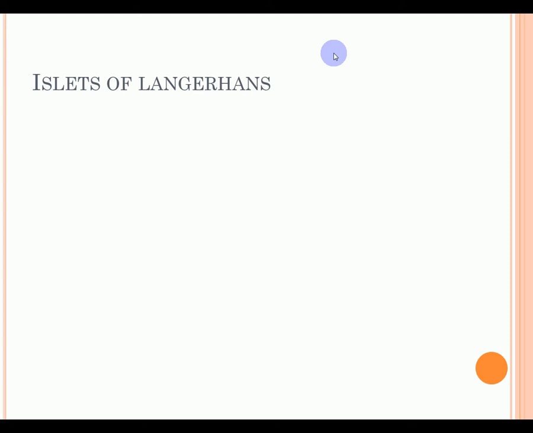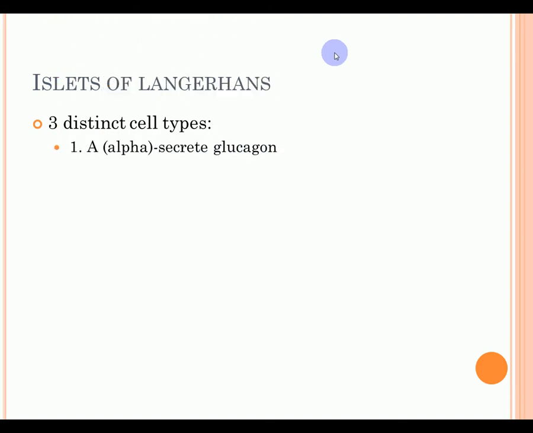So let's talk a little bit about the islets of Langerhans. There are 3 distinct cell types. One is the alpha, and they secrete glucagon. Now we're going to be talking a lot of G words, so make sure that you understand what I call the G words. The second type is B for beta cells, and they secrete the insulin.